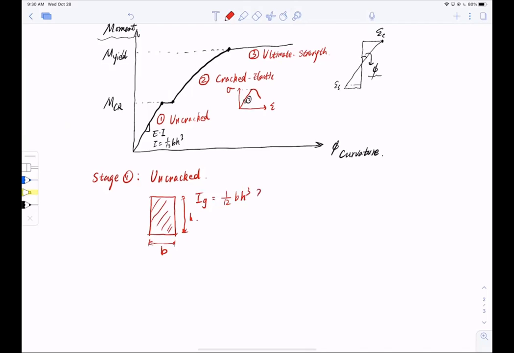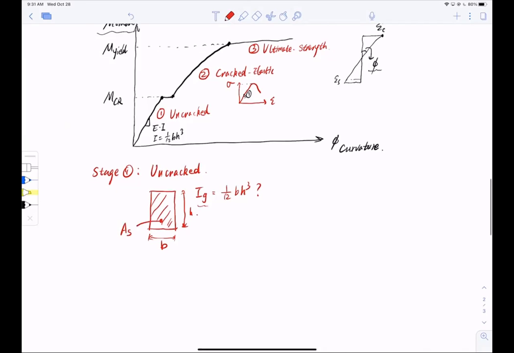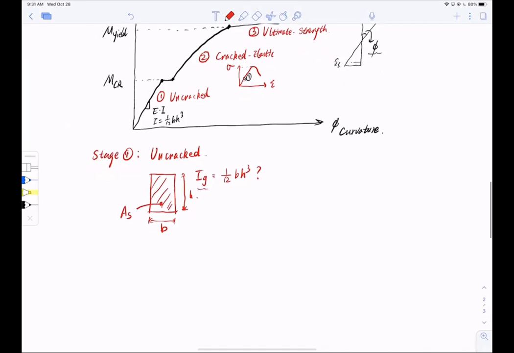But is that right? There is a tiny element that I have ignored, which is the reinforcement AS. I have to consider the AS in computing IG, and I will talk about why. But right now you can say that the section is still intact.